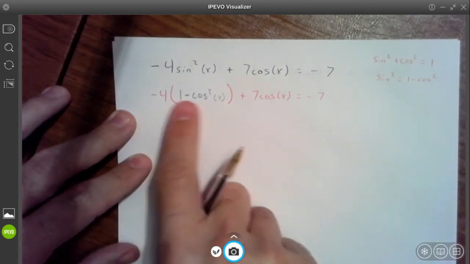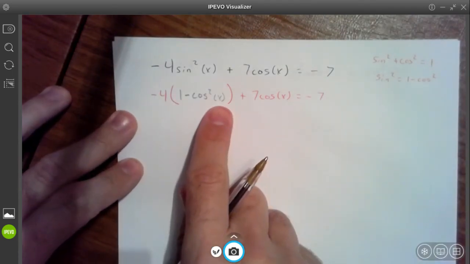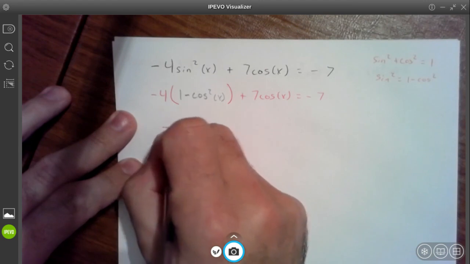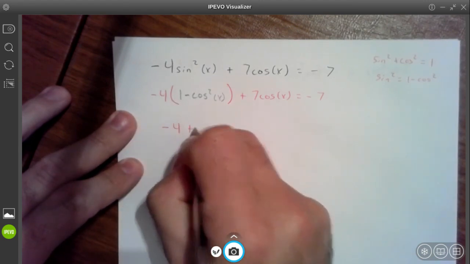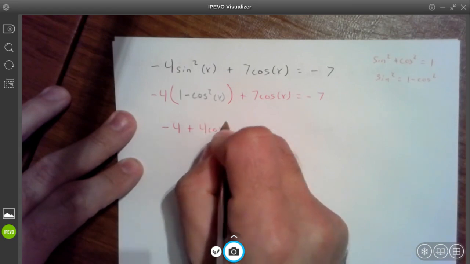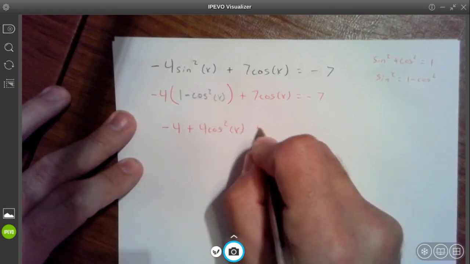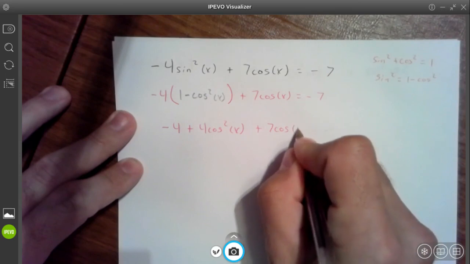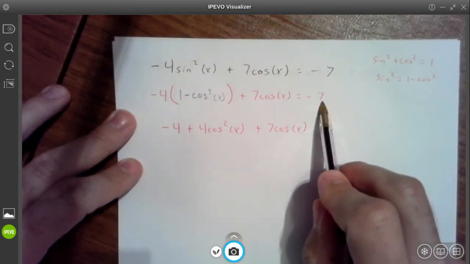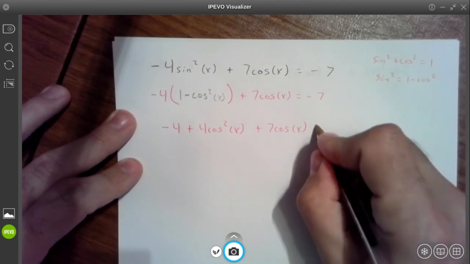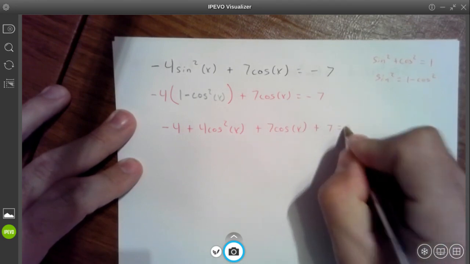And we'll have to distribute this negative inside. That's going to become -4. -4 times that is going to be +4 cosine squared. 7 cosine. And I guess I'm going to need to move this 7 over to the left-hand side, so make it a +7 equals 0.